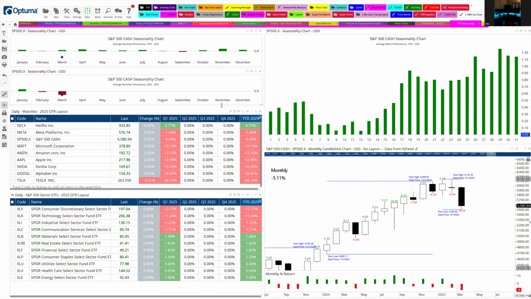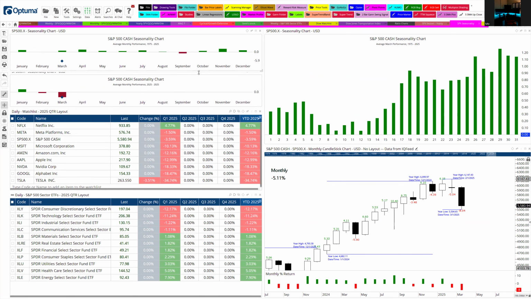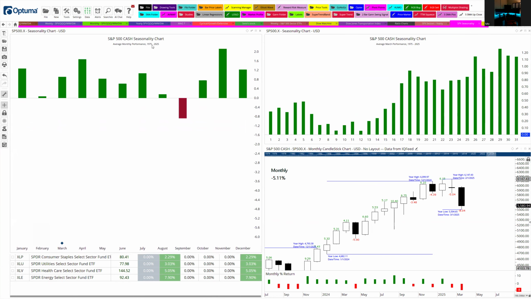Looking at seasonality since 1975, this played out, this one didn't, or this month either. So there are 2 months of seasonality based on what's going on right now. It didn't work out.